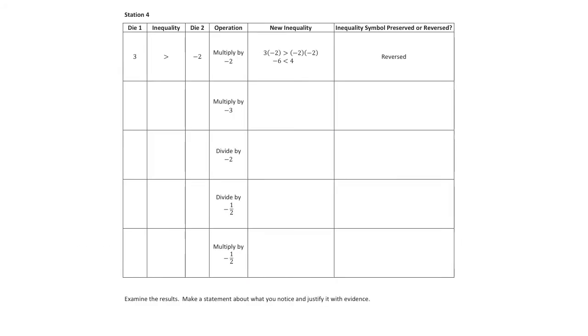All right, and here's our last station. Again, we're gonna fill in the pretend dice that we roll. So I'm gonna have 2 is greater than -1 and 1 is greater than -5. So if we have 2 is greater than -1, we're going to multiply both sides of the operation by -3. So I'm going to have -3 times 2 is less than -1 times -3.